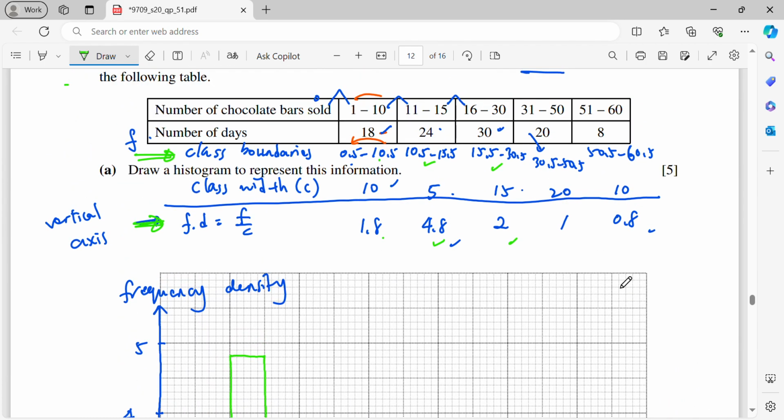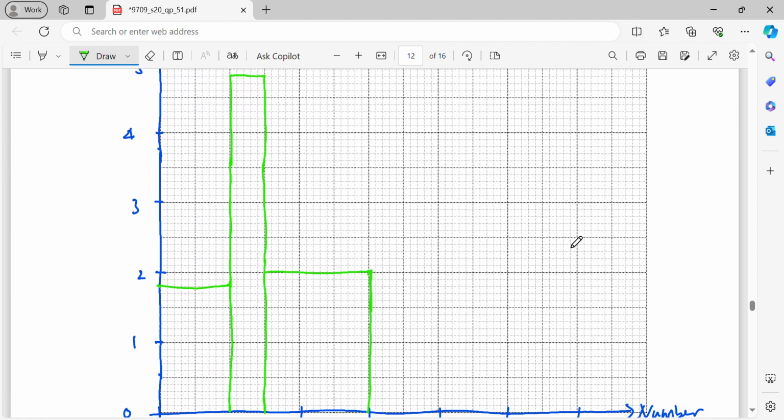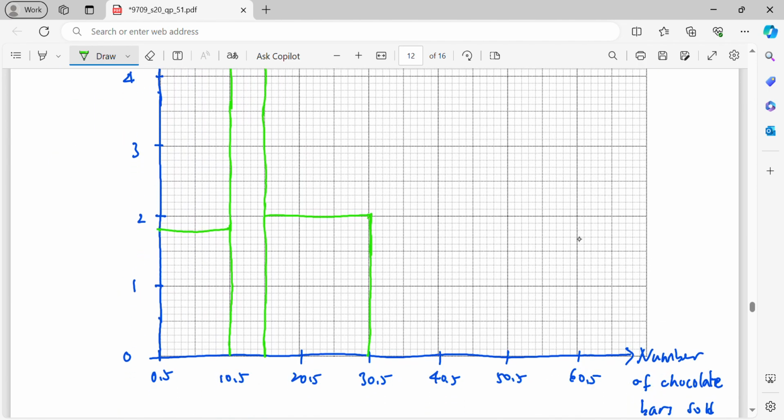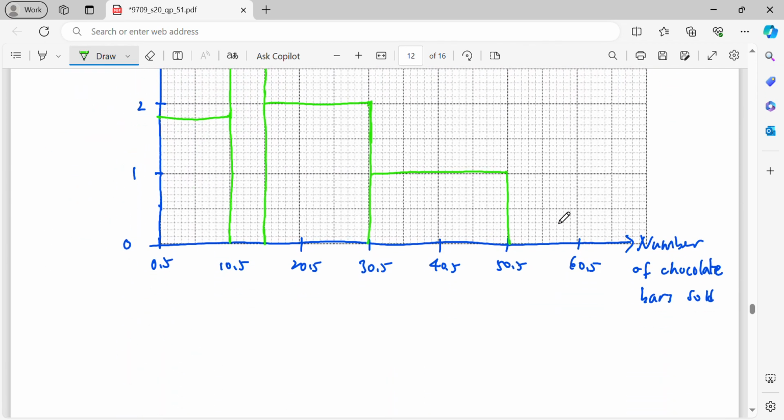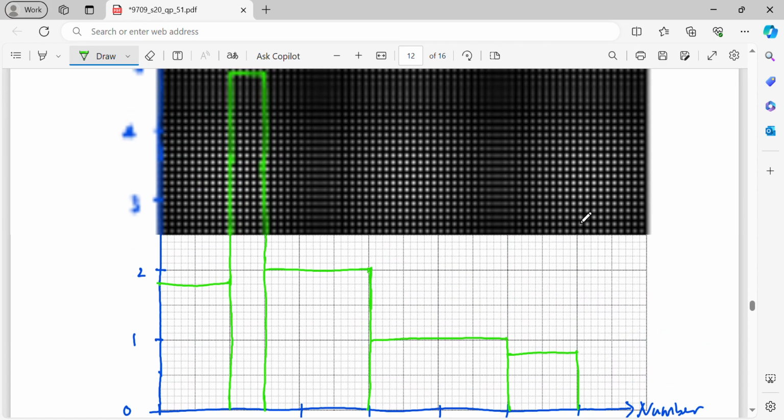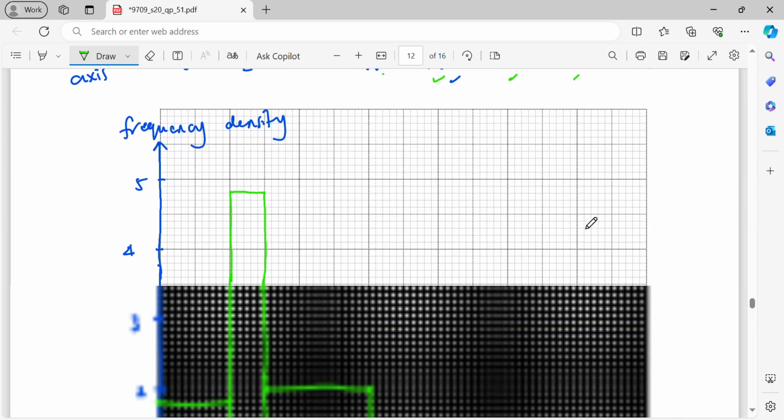After that, 30.5 to 50.5 is 1. Then after that, 50.5 to 60.5 is 0.8. Okay, so this is the histogram.